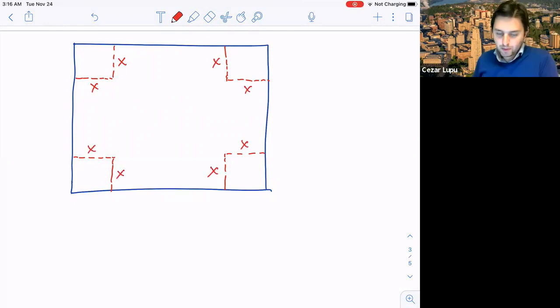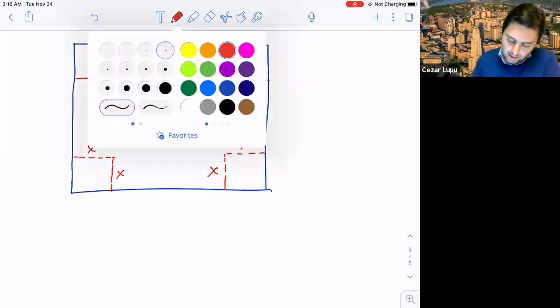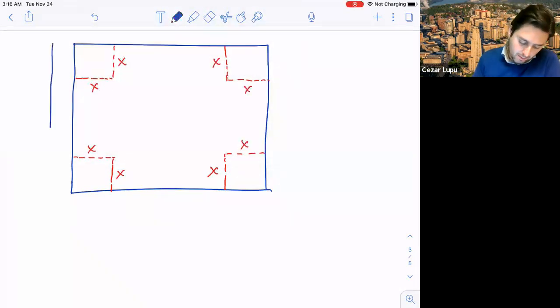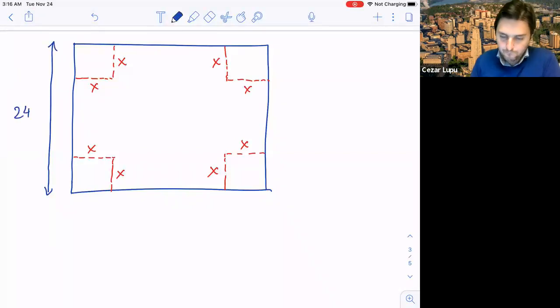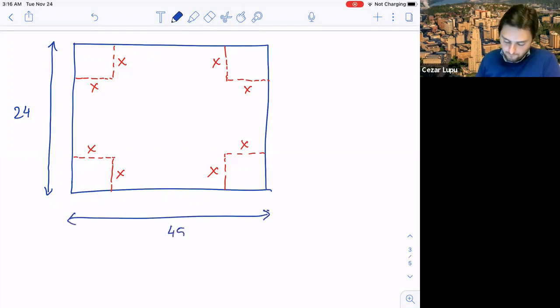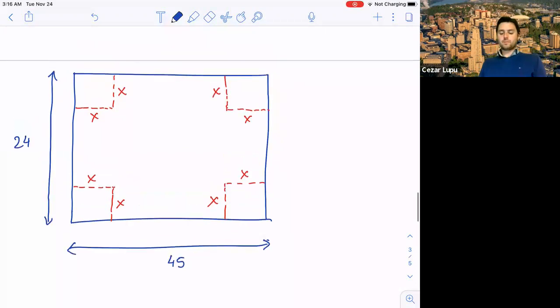All right, and now this guy here, from here to here, we said that this is 24, right? And this guy from here to here, it's 45. So we said this, right?